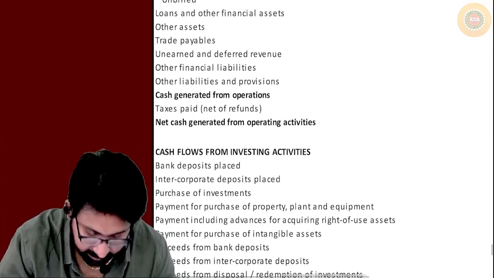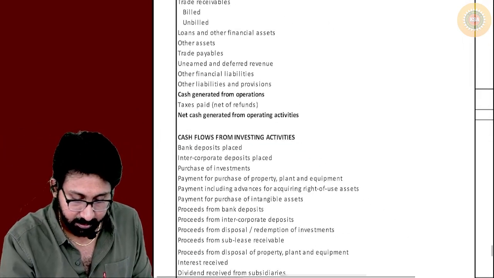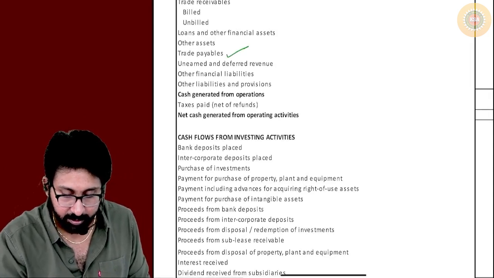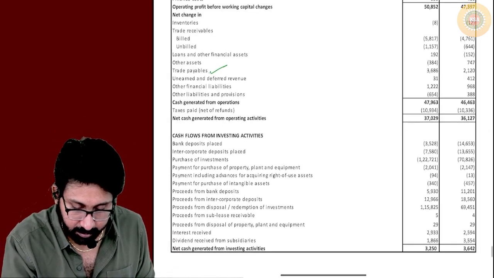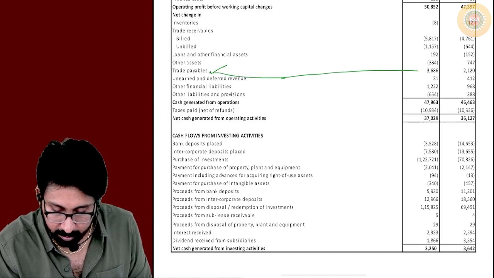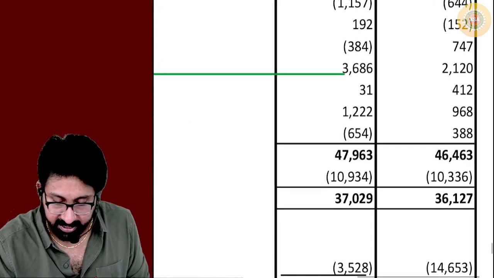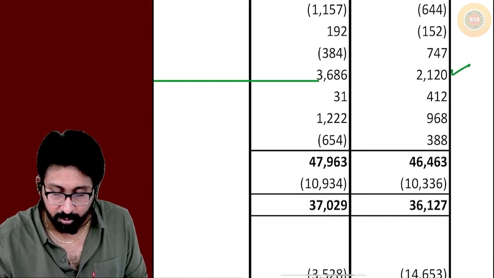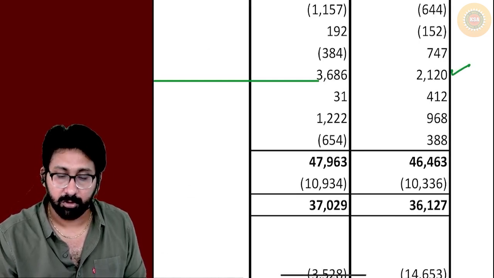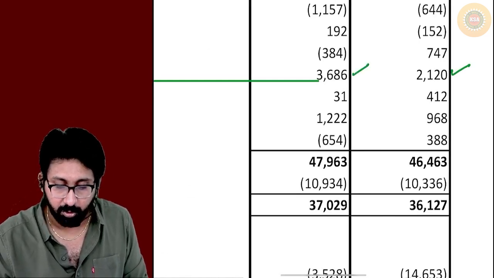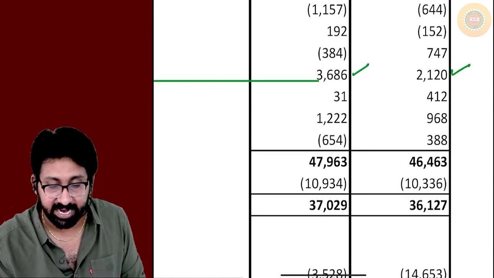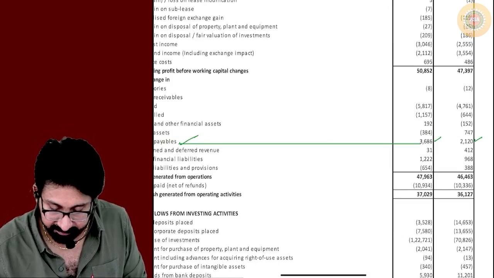Trade payables. See this, what is this called? Trade payables. Previously, 2120 is there. Now how much is there? 3686. Okay. This is one.